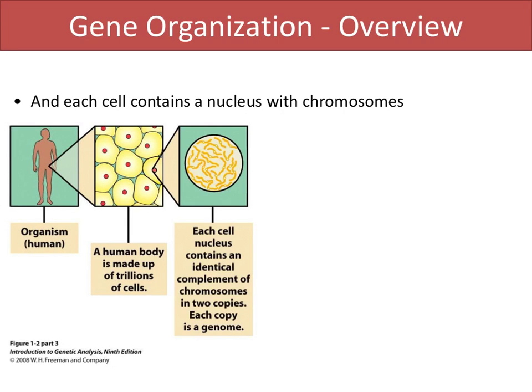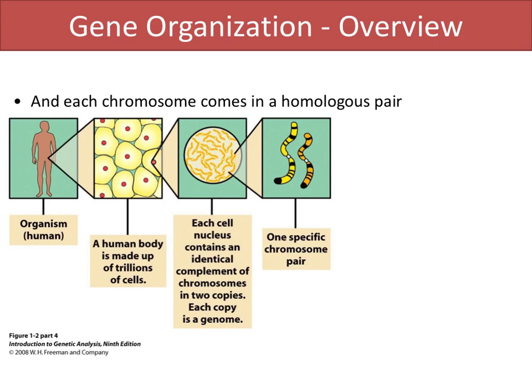In a eukaryotic cell, there's a nucleus, and that has basically all the genetic information, except that the mitochondria have their own, but besides that. And then in the nucleus are chromosomes, and on the chromosomes are loci, gene loci, where the genes are.